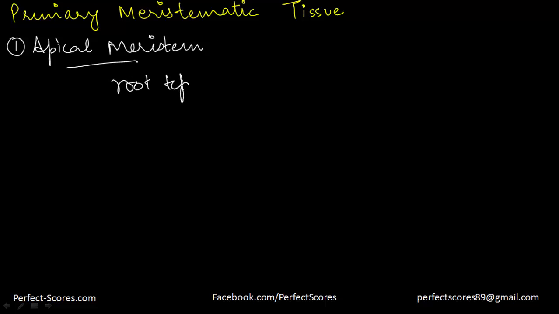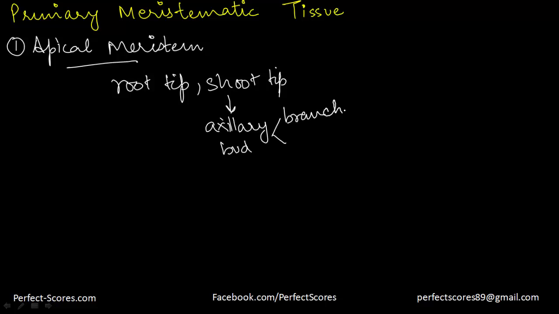Also in the shoot tip, one more extra feature of the apical meristem is that it can develop into the axillary bud, which will later give rise to either a branch, or a leaf or a new flower. So that is the axillary bud.